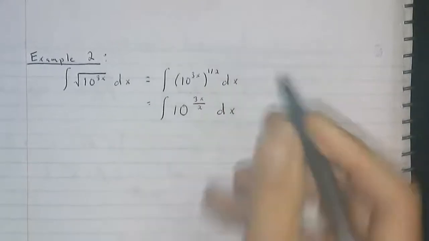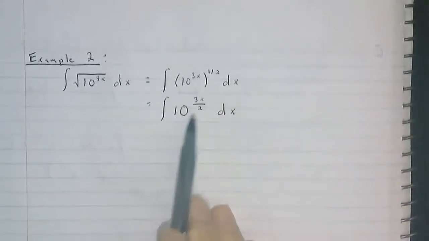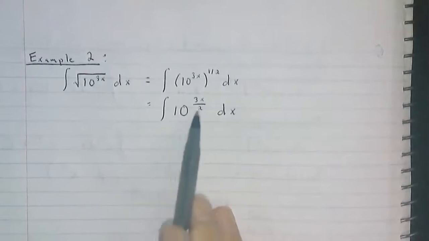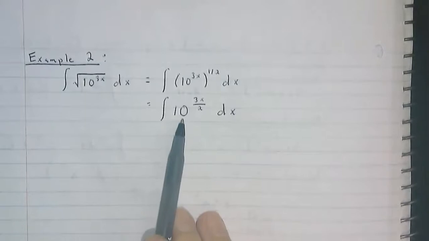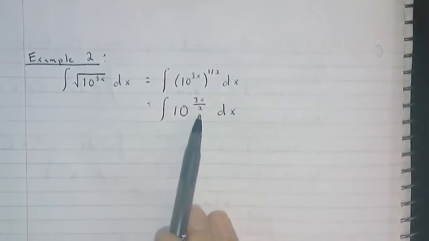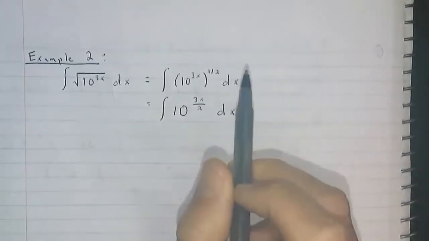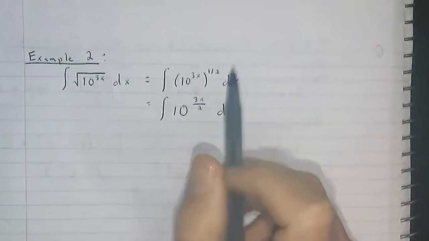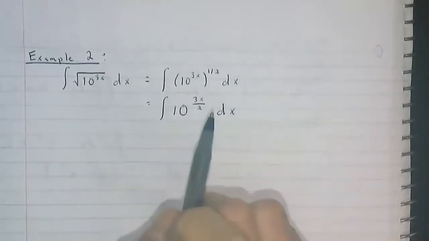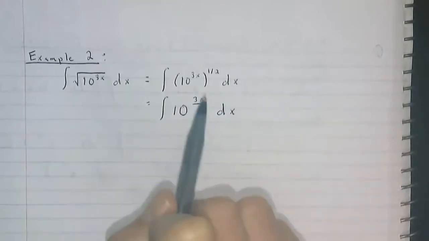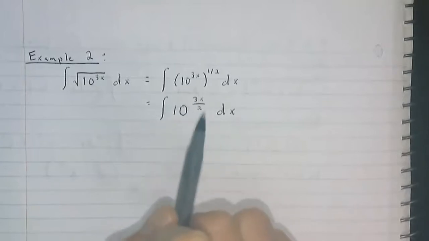And now we're like, okay, that looks like an a to the u situation that we just 30 seconds ago learned about. But it's kind of funky because the exponent is a function and we want it to be a u or a single variable. So what do we do when we have things that are more complicated than we want them to be?